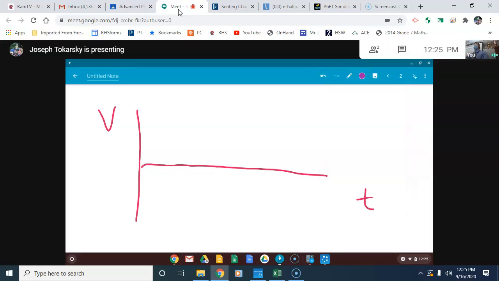Remember what I just said, VT graphs for us aren't going to do what? Curve. So if it can't curve, how could we represent turning around on a VT graph, Ferris? What's that? It can be, but I'm looking for a key piece of information. Not quite. Let me give you a little hint here.